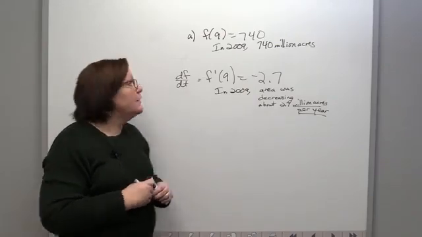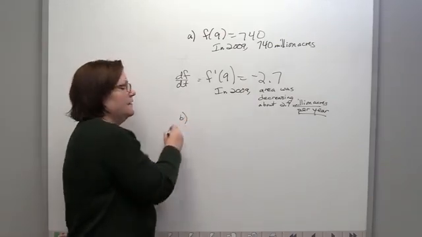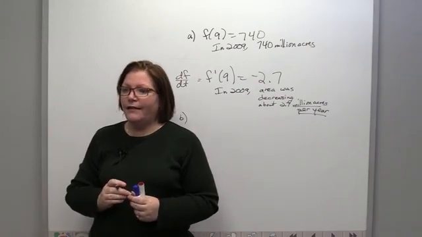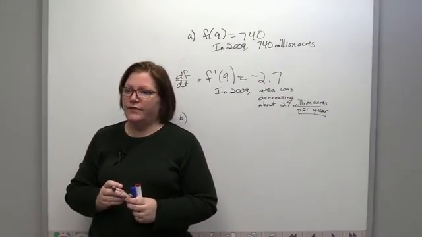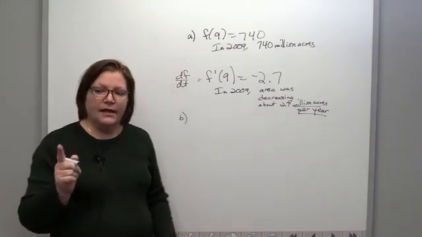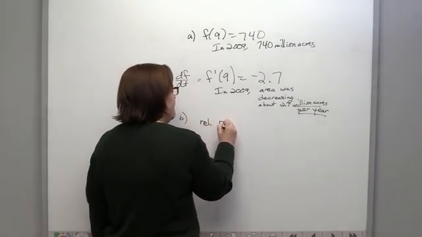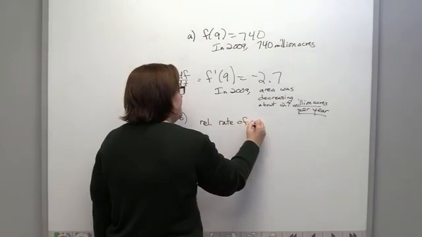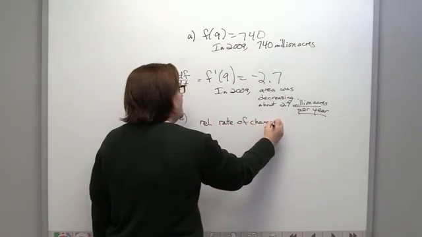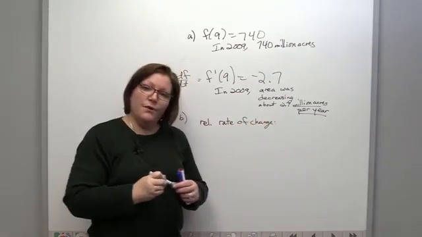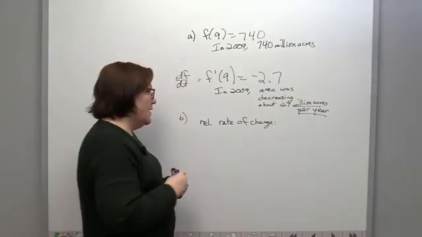In part B, we're asked to find and interpret the relative rate of change of f of t when t equals 9. The relative rate of change is similar to what we talked about in chapter 1.